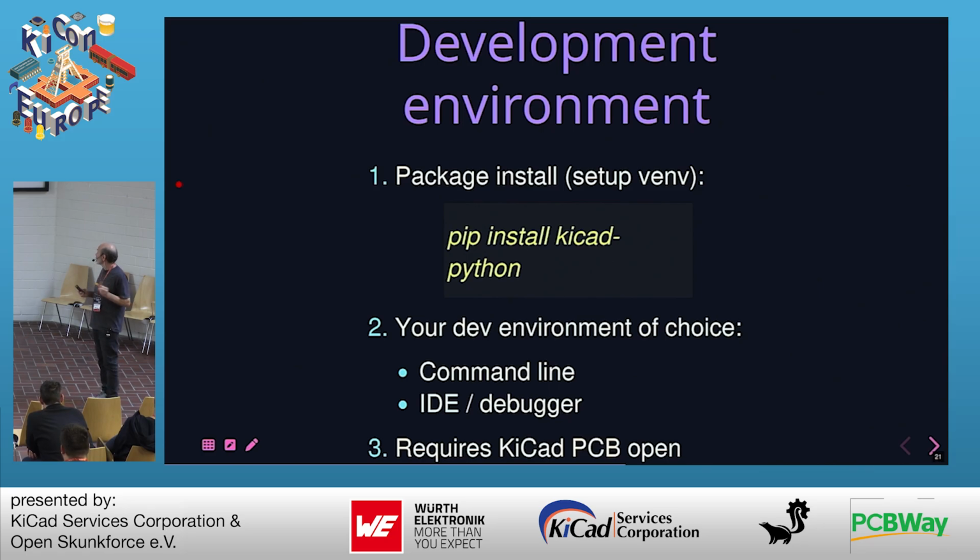And before you do anything, you have to install the package that you want to use, which is kicad-python. And if you ask the AI about it, it gets very confused because the package name and what you import is different. So be aware the install is kicad-python while the import is kipy.